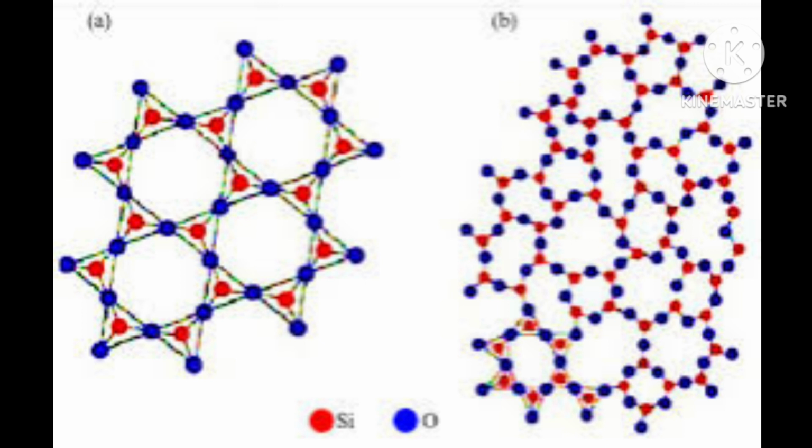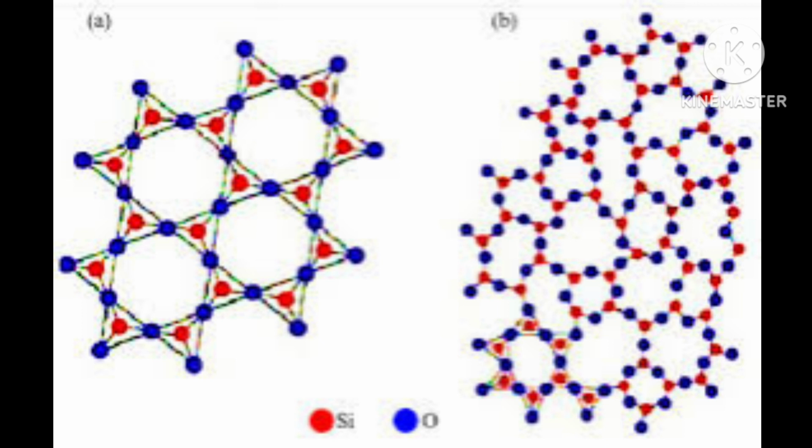This makes graphite a soft solid and a good solid lubricant. And here hybridization is sp2, but in case of diamond it is sp3 hybridization.